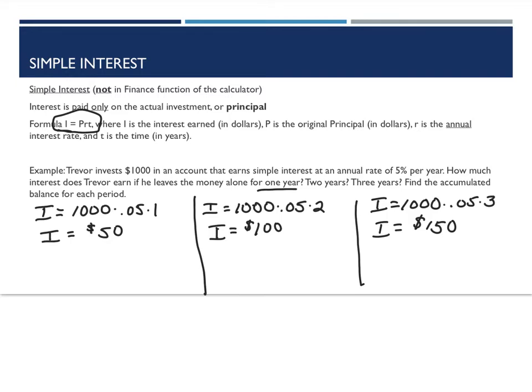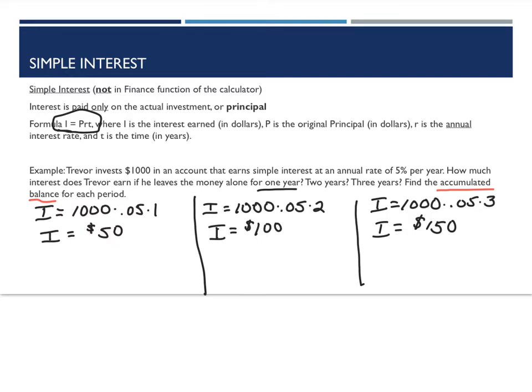Now the second question is to find the accumulated balance. Usually we don't really care how much the actual interest amount was. We want to know how much money we have total at the end.